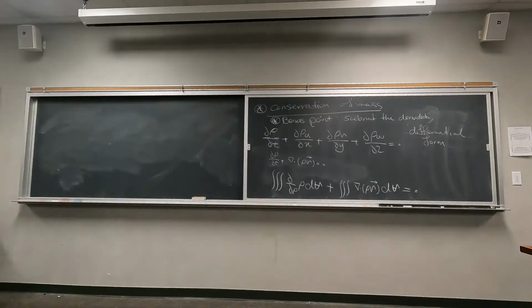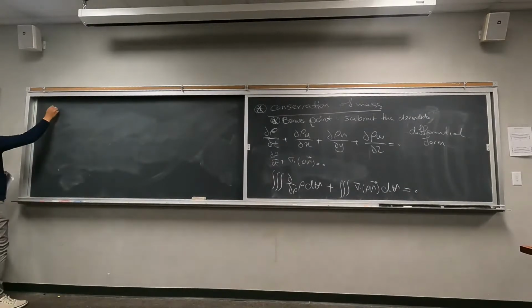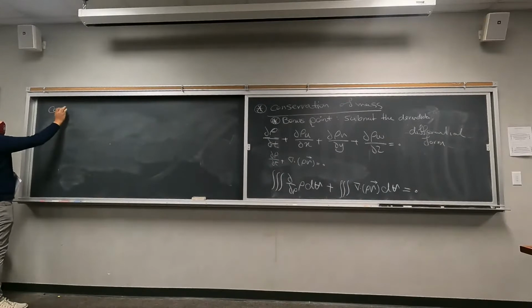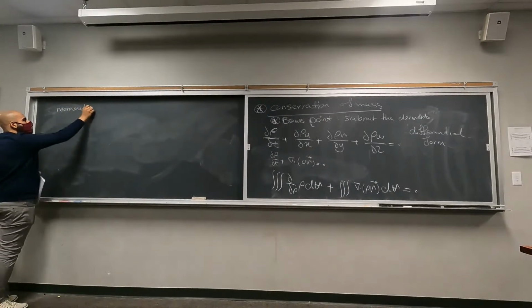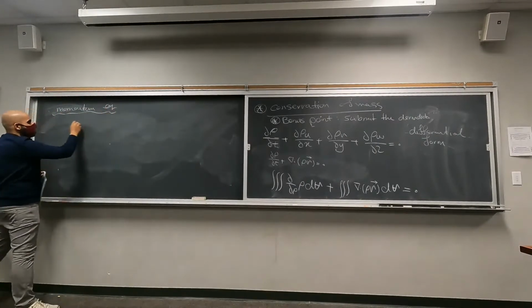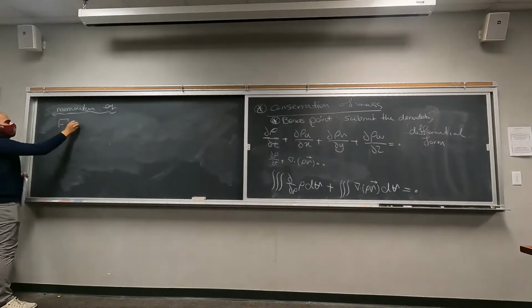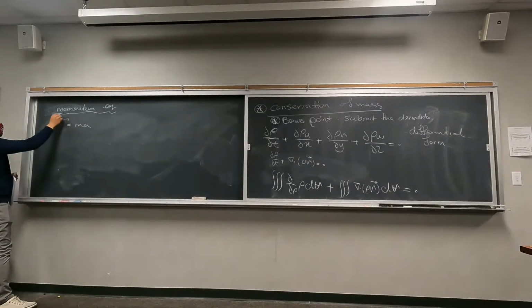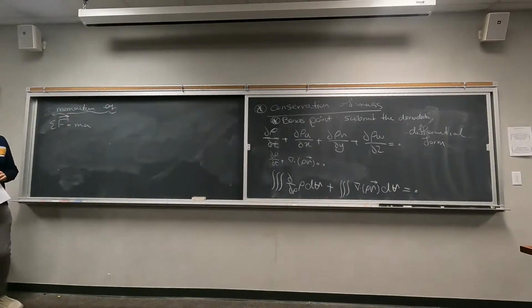The next equation is going to be based on the principle of conservation of momentum. Conservation, not based on the momentum equation. Based on Newton's second law, F equals ma, or sigma F has to be equal to ma.